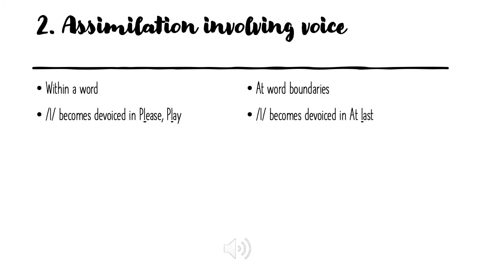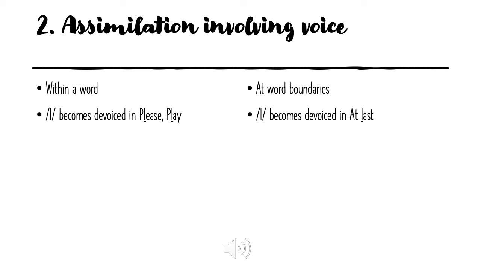The second kind of change involves voice, that is, a voiced sound becoming voiceless, or vice versa, a voiceless sound becoming voiced, again under the influence of a neighboring sound. This can again be within a word or at a word boundary. Let us look at two examples. Look at the L in play. We've already analyzed this example. The L undergoes change because of the P that comes before it.